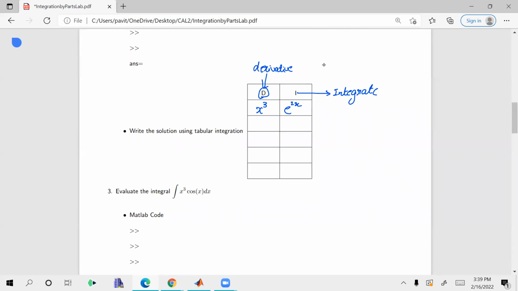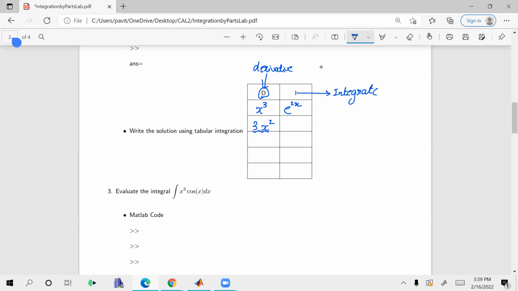Now x cube, what is the derivative of x cube? It is 3x square, right? Good. Now you are going to derive this function, not this again. If you do that again, you are going to get the same answer.